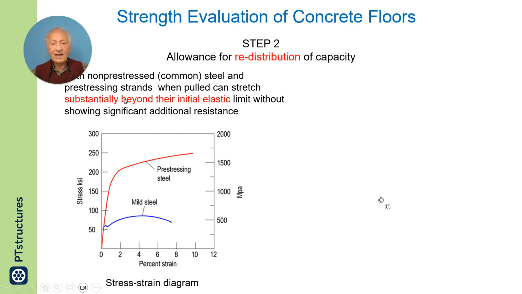Pre-stressing steel and strands, when pulled, can stretch substantially beyond their initial elastic limit. If this is the elastic limit, they can stretch far beyond the limited stretch of elastic.